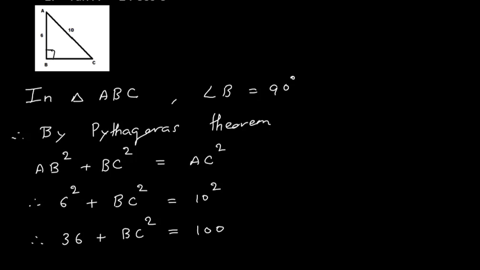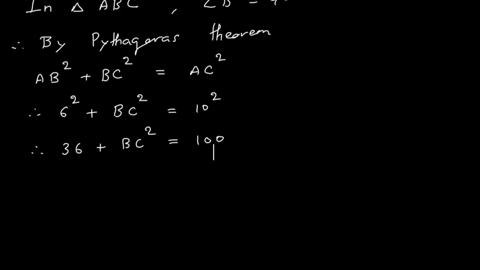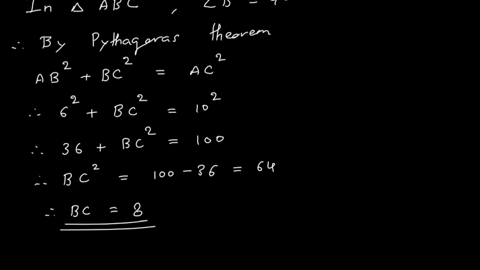Therefore the value of BC square is 100 minus 36, that gives us 64. Therefore the value of BC is 8. Square root of 64 is 8. So the value of BC we got is 8.